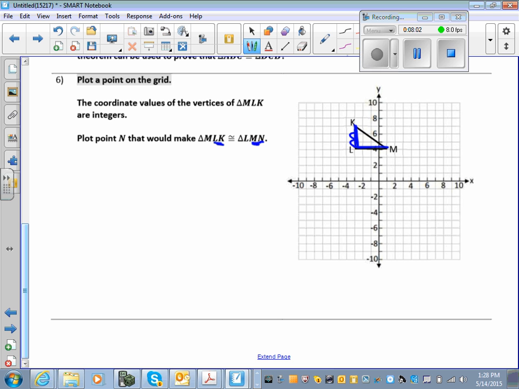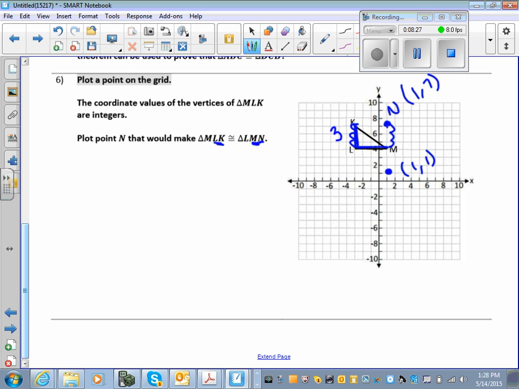1, 2, 3, right? So I went up 3. I have a choice to go up 3 or to go down 3. If I go up 3, 1, 2, 3, my N can be right here, which is (1, 7). That's one option. Or I can go down 3, 1, 2, 3, which is (1, 1).